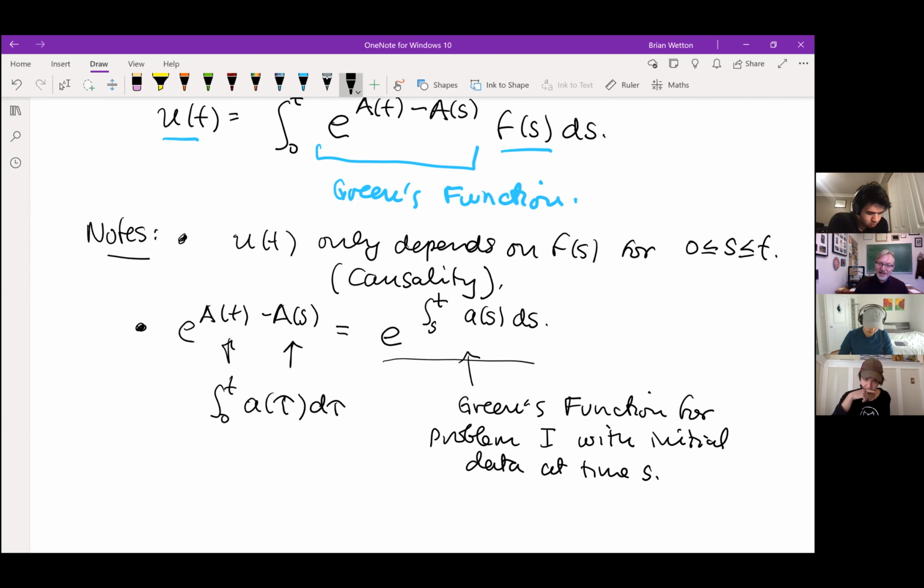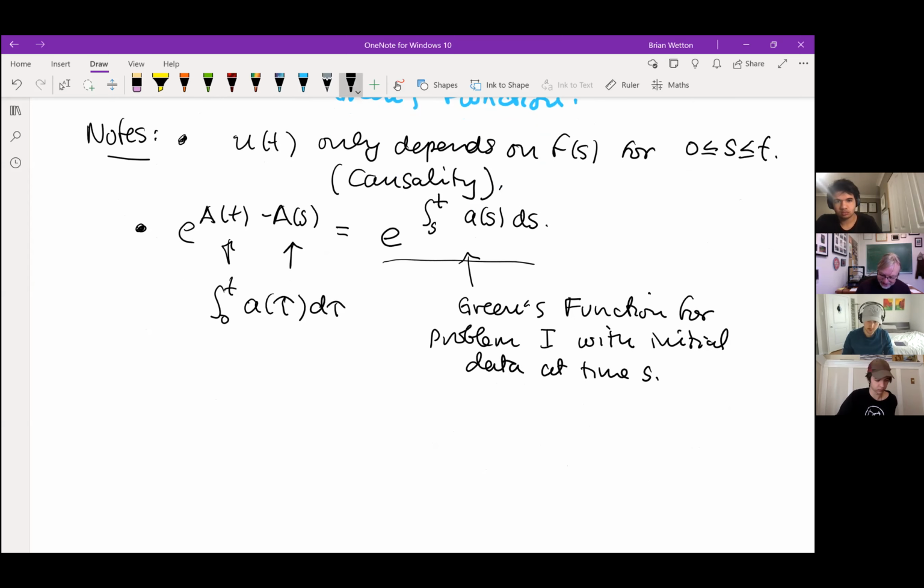So if you want to understand how the interior data affects the solution, it's like, well, it's an integral, not just a function. But the flavor is it affects the solution like initial data of size f would affect the solution if you applied it at time s.